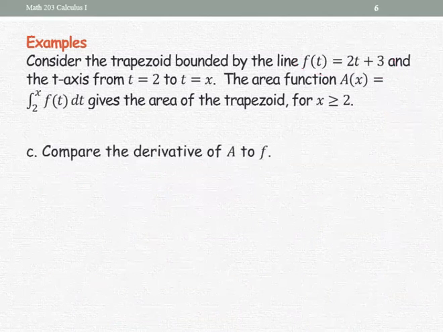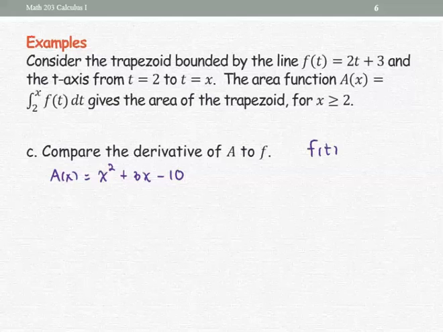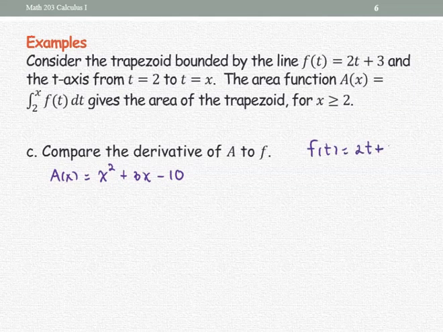Now, in part C, we're going to compare the derivative of A to f. Recall the A of x that we got from part B as x squared plus 3x minus 10, where f of t is in the form of 2t plus 3.